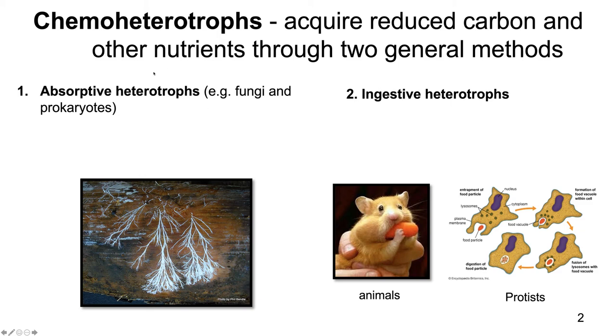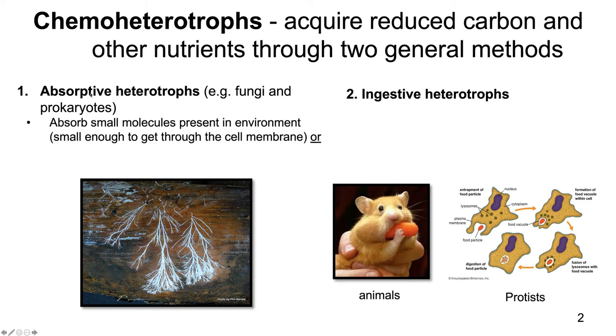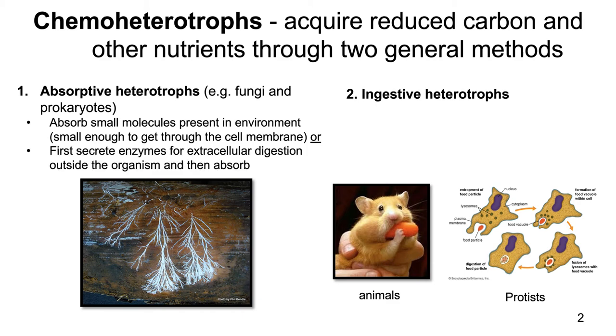So absorptive heterotrophy is a strategy that's used by fungi and chemoheterotrophic prokaryotes. And essentially, absorptive heterotrophy is absorbing small molecules that are present in the environment, and this means molecules that are small enough to get through a cell membrane on their own, or first secreting some enzymes so that they can break down larger molecules into molecules small enough to move across the cell membrane through a process of extracellular digestion.